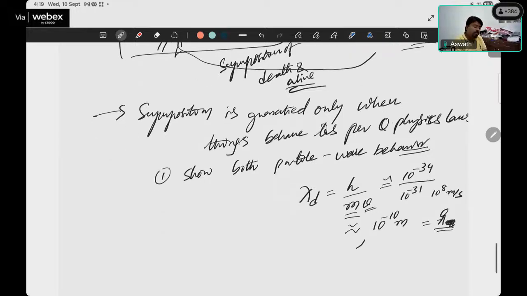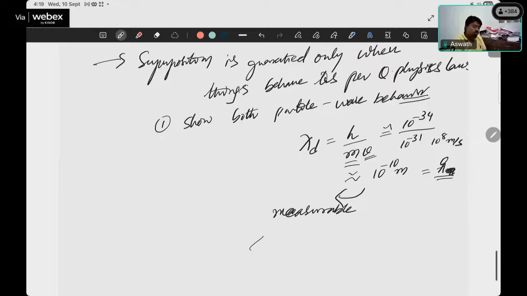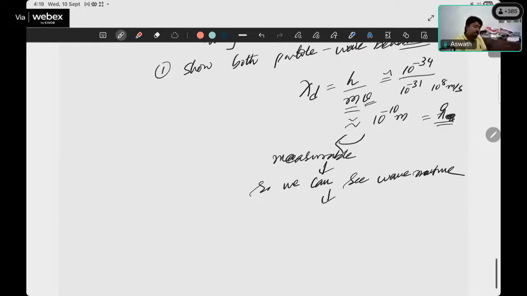So these wavelengths are measurable, so we can see the wave nature. The wave nature is there.